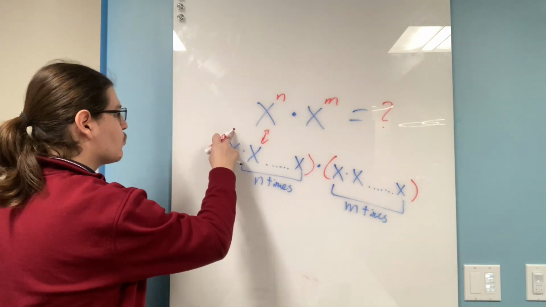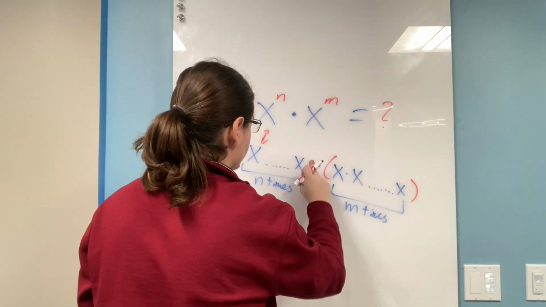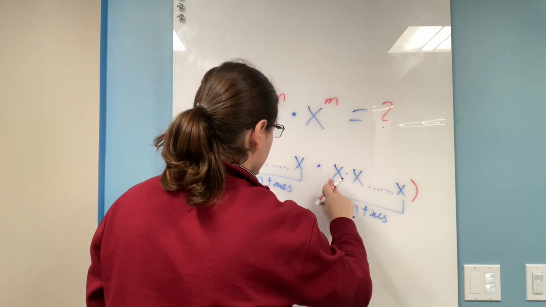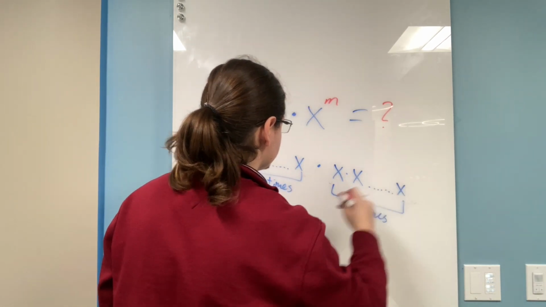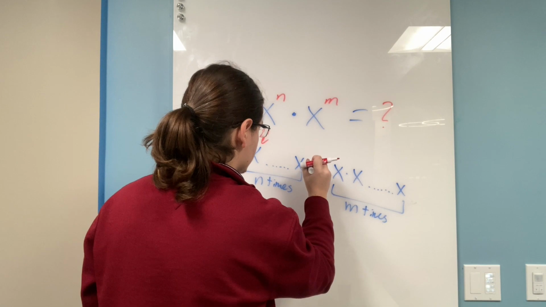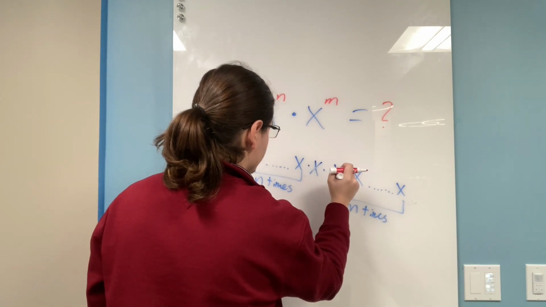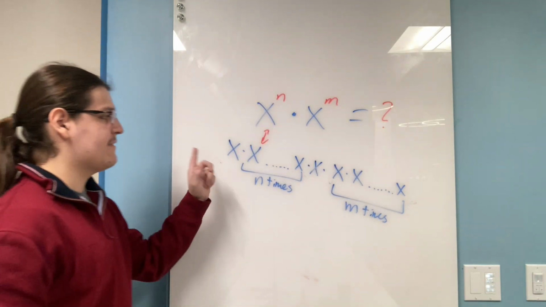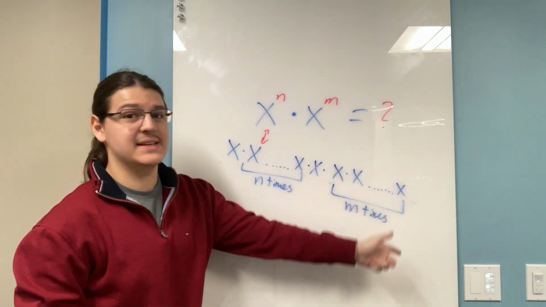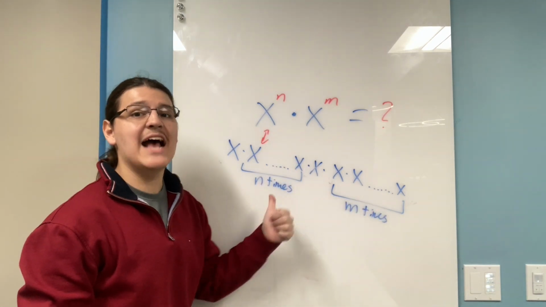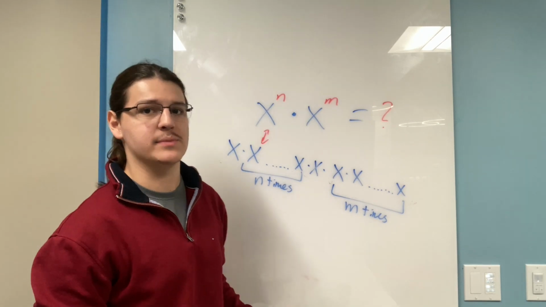So if we got rid of the brackets, we're just going to have x times x times x times x, n times as well as m times.